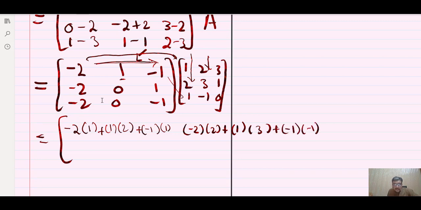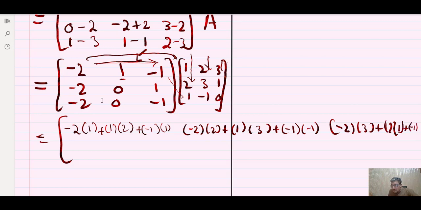Now again you have to multiply this complete row with this column. So minus 2 multiplied by 3, 1 multiplied by 1, and minus 1 with 0.